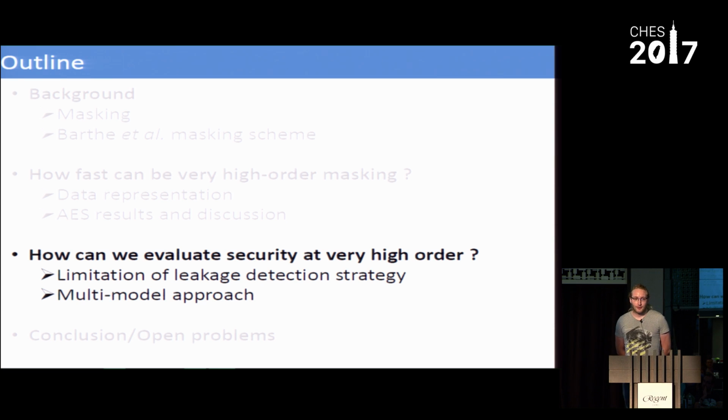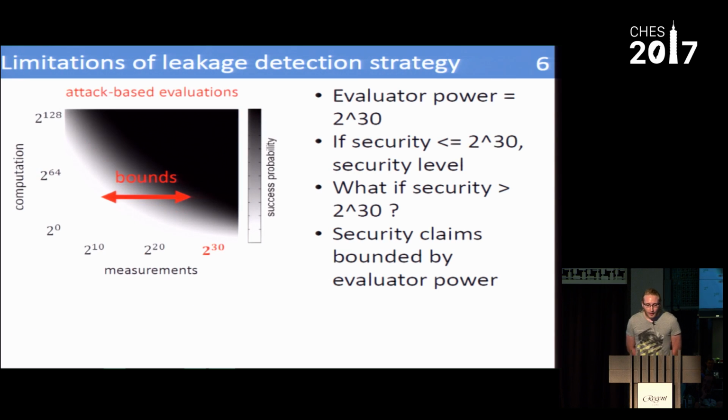Now remains the question of how we can evaluate the security of such an implementation. Usually when you have an evaluator, the evaluator has some computational power, and also, more importantly, a limited number of measurements. So we can launch attacks on an implementation or use leakage detection tools. And we have essentially two cases.